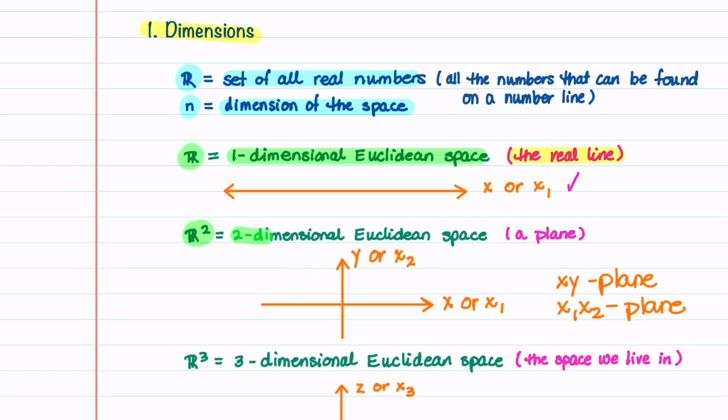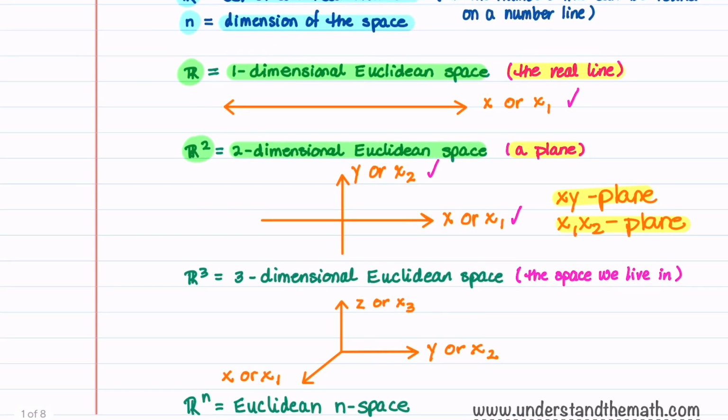R2 is two-dimensional Euclidean space and is a plane. We'll label the plane with coordinates x or x1 and y or x2, and we'll call it the xy plane or the x1, x2 plane. R3 is three-dimensional Euclidean space, and it's just the space that we live in.